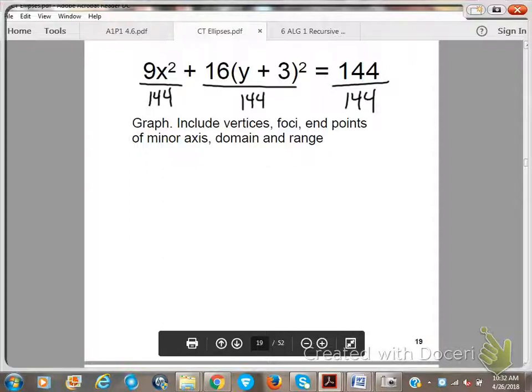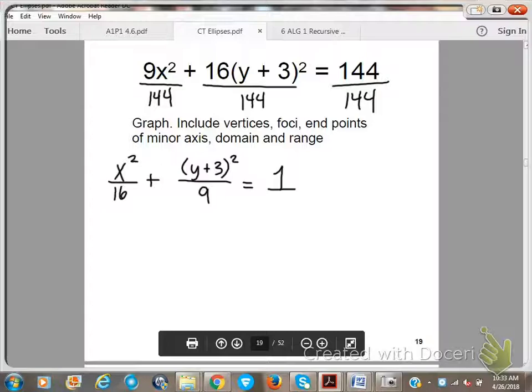Okay, now can you reduce 9 and 144? Yes. 1/16. I'm with you now. Okay, so our equation is going to look like x squared over 16 plus (y plus 3) squared over 9, good, equals 1.